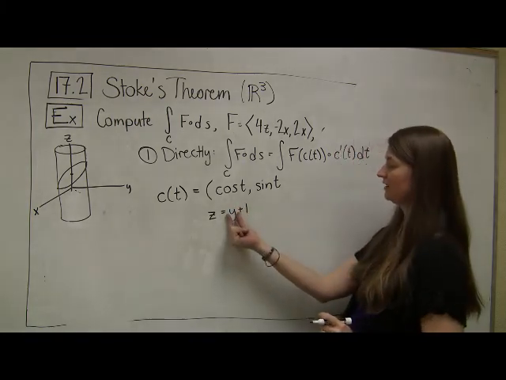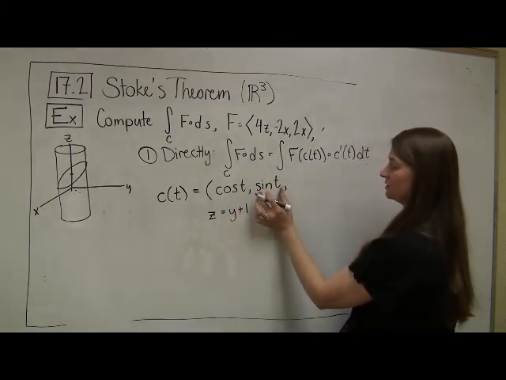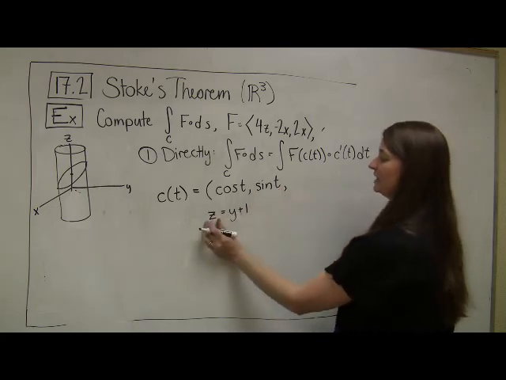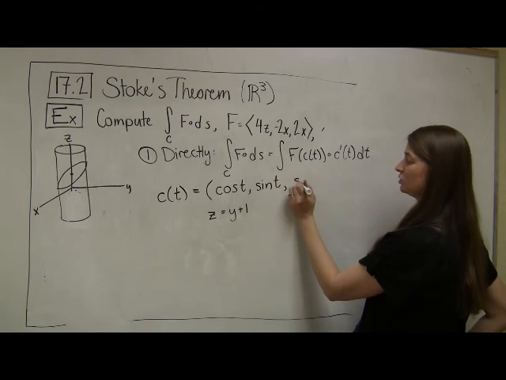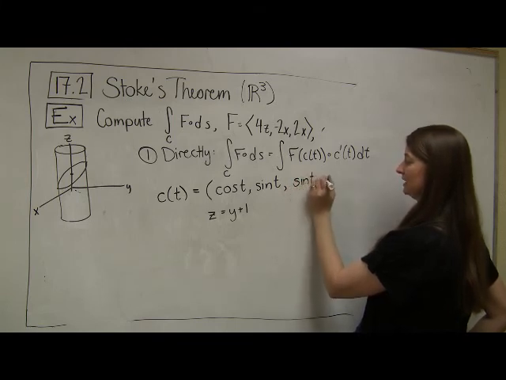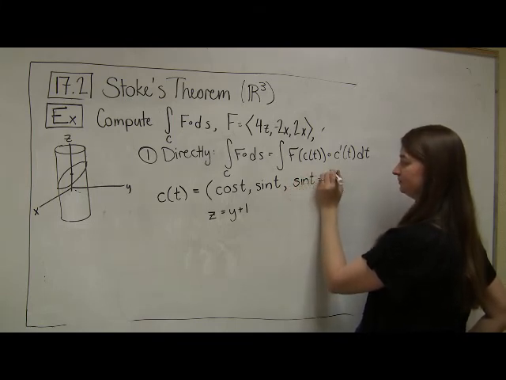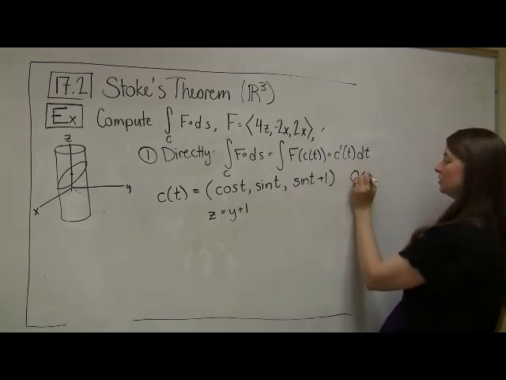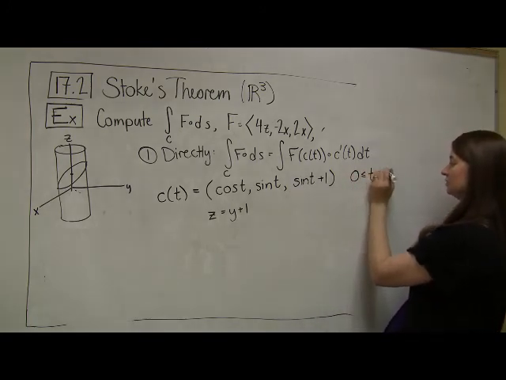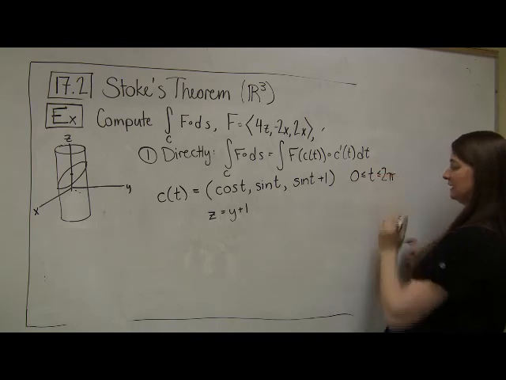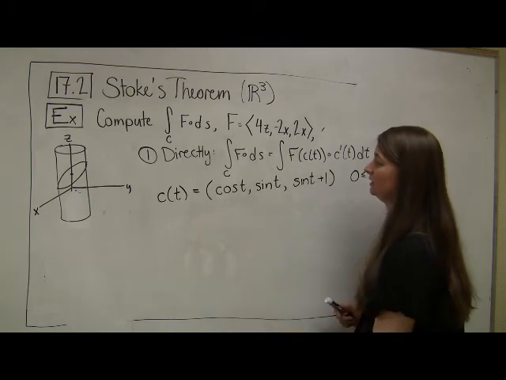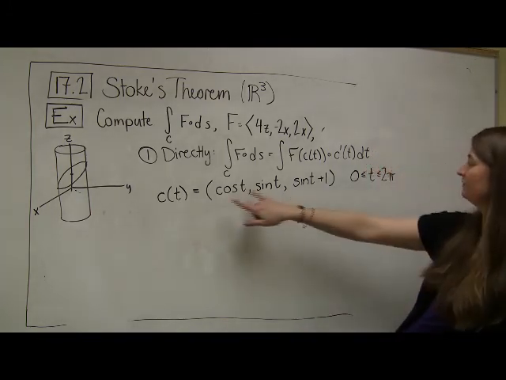And we know what our y value is in this case. Our y value is the sine of t. So I'm going to plug that in and say that my z value is going to be the sine of t plus 1. So this is my path. My t values are going to go in a full circle, so t goes from 0 to 2 pi.